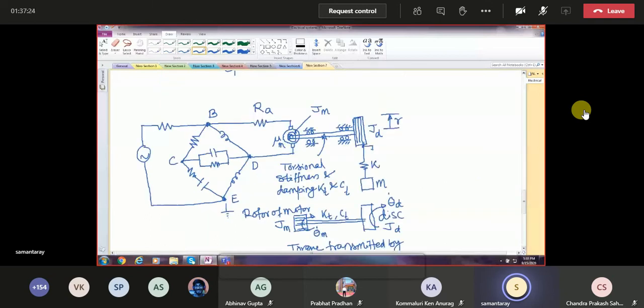Not this way, it's upward. I have taken upward positive. So this is r theta d dot. Now we will take this velocity, some y dot, arbitrary y dot. Then what is the deformation of the spring? Deformation of the spring is r theta d dot minus y dot.